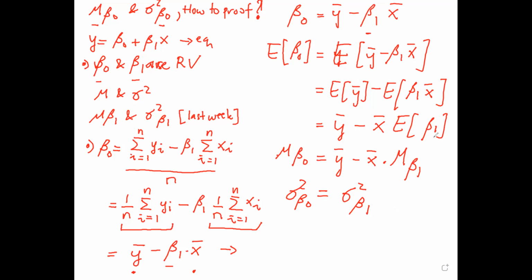Sir, why is the variance not equal to the mean of y subtracted by the mean of x times the variance of b1? Well, we could say that it's equal. Very good question.